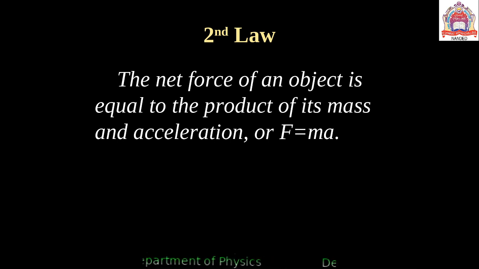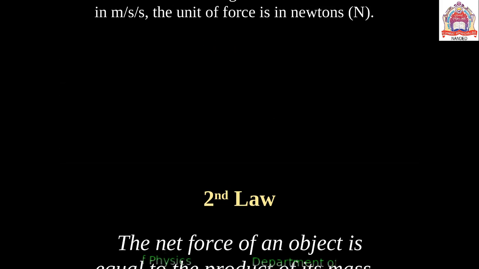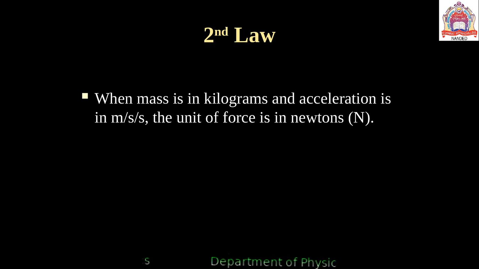It is the net force which is related to the acceleration. The net force is the sum of all the forces acting on an object. So the net force on an object is equal to the product of its mass and acceleration, or we can write F = m a.